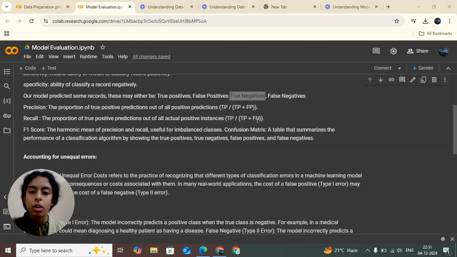Here we have true positives plus false negatives, and here we have true positives plus false positives. In precision, we are talking about how our model has predicted the positives, and in recall, we are talking about the actual number of positives present in our data set and comparing it with the true positives that our model has returned.